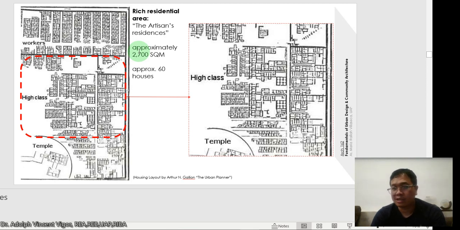Artisans are the ones who have skills and talents. It's approximately 2,700 square meters, and there are approximately 60 houses. If you magnify it, the high class is really near the temples, while the workers are really far away. So there's a discrimination.